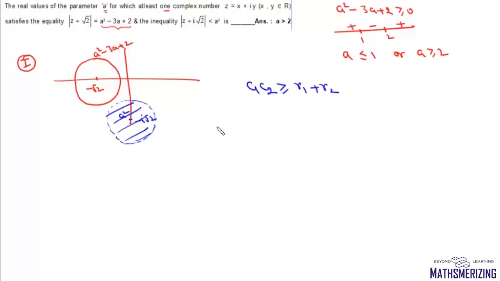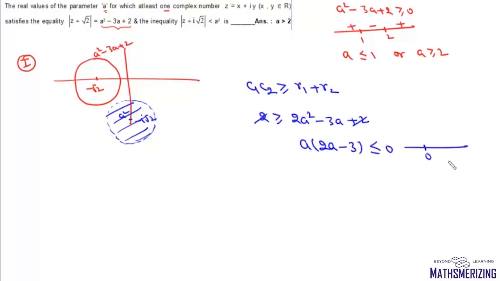So C1C2 is under root of root 2 plus root 2, which is under root 4, will be 4, and will be greater than or equal to R1 plus R2, and R1 plus R2 will be 2a square minus 3a plus 2. Now this 2 and 2 will cancel. It will be a into 2a minus 3 less than or equal to 0. Now this is 0.